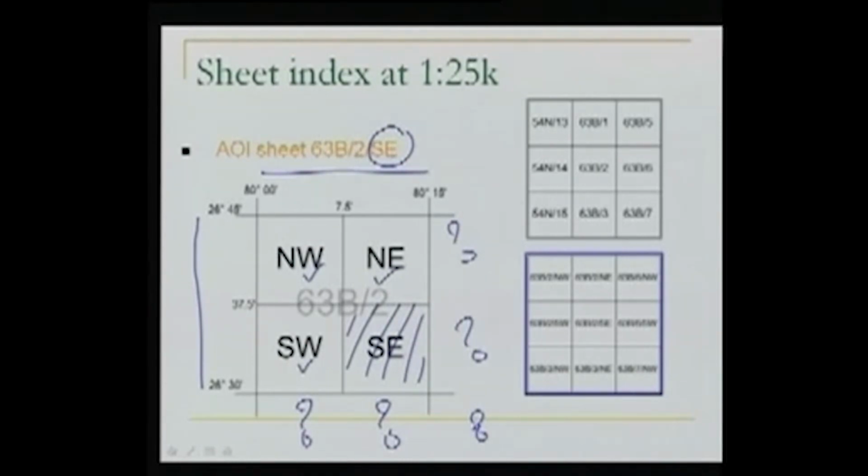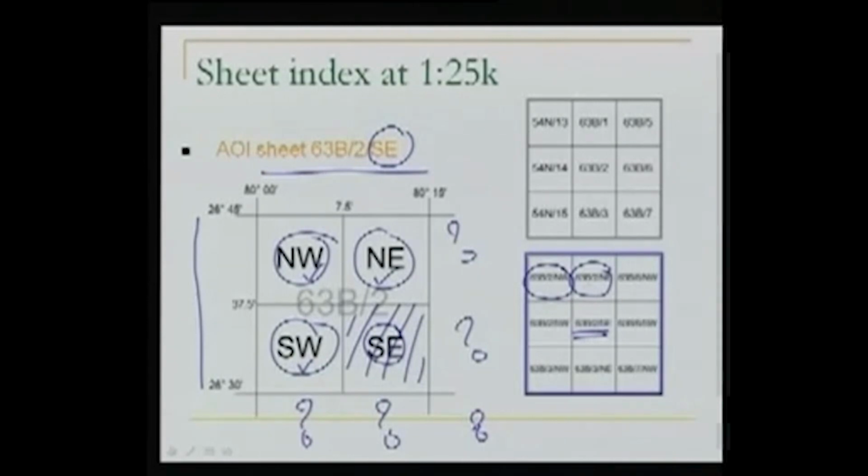Well, so what we do, corresponding to this area of interest, we write these sheet numbers first. So for our area of interest, we will write the sheet numbers which are known to us. For example, this is 63B by 2 and E, and over here.